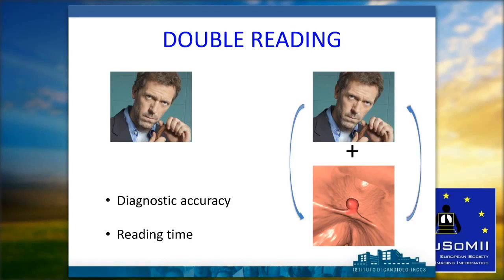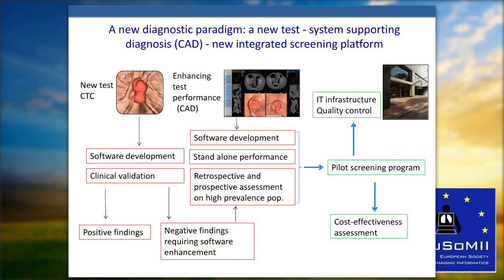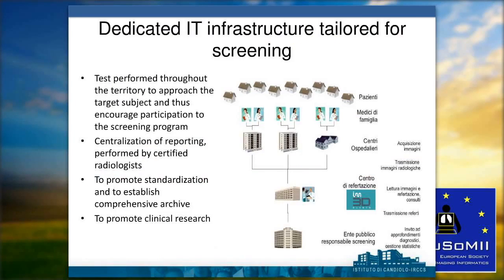So what we did is actually implement this. This is the result. You can see here that the reporting time dropped. So what we decided to do is to perform a pilot screening program, and we developed in our region a dedicated IT infrastructure tailored for screening.